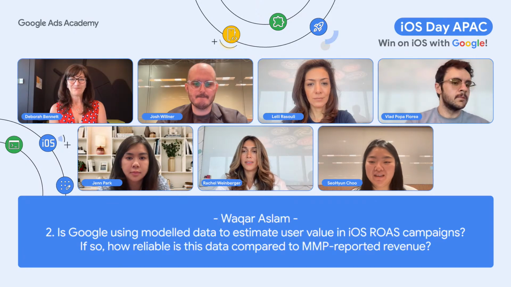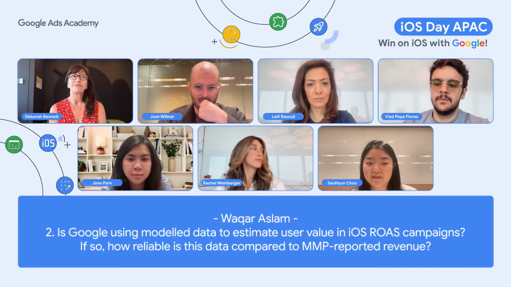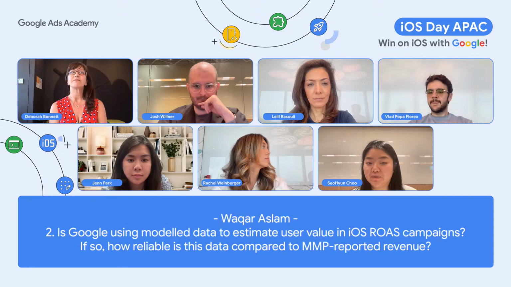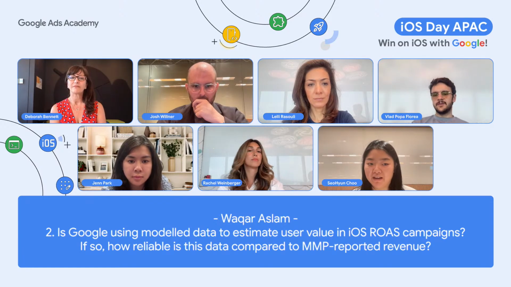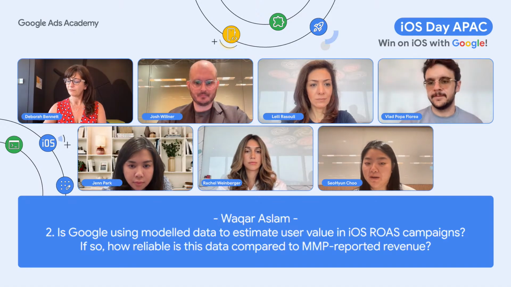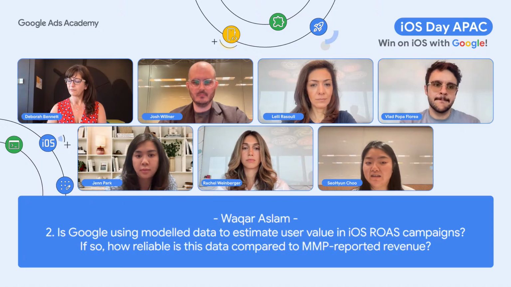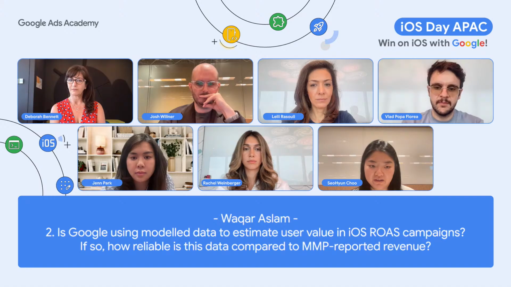Got it. I think the question is about the modeled data. tROAS optimization models utilize ground truth data to model users' conversion value to optimize the campaigns. This ground truth data is sourced from ATT consented IDFA data, as well as data collected via on-device measurement solutions.